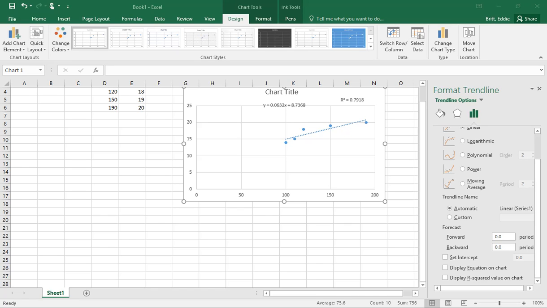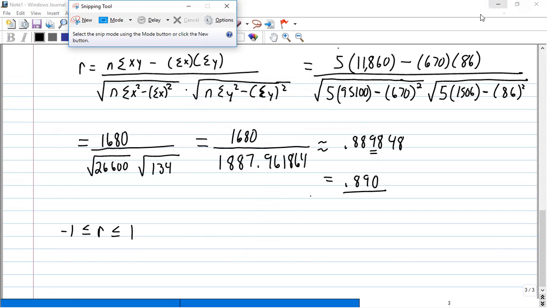So let me show you a few more examples. These are also in your PowerPoint on the next page. There are some other properties I'm going to read through, just so we can understand what R means.